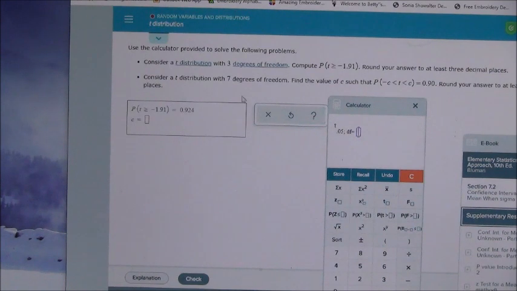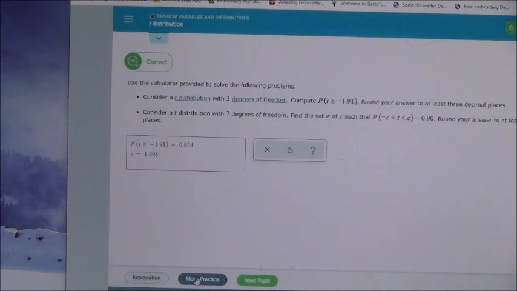This time my degree of freedom is 7. And so when I hit equals there, I get 1.895 if I round that off. 1.895 for my answer. If I check my answers there, it says, okay, yep, you did it correctly. So they're going to do both of them when you get on the ALEKS program.